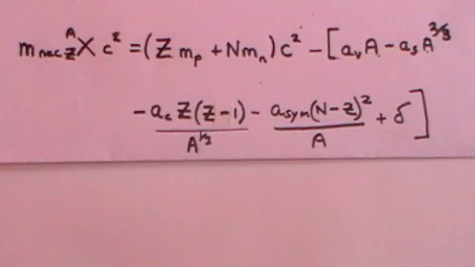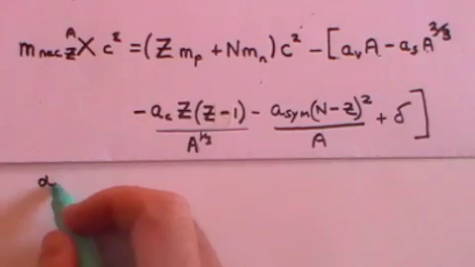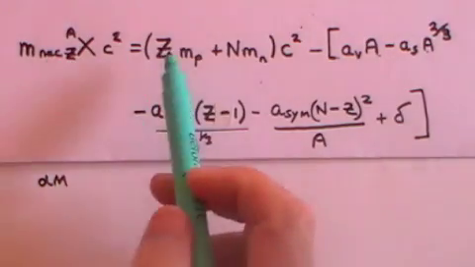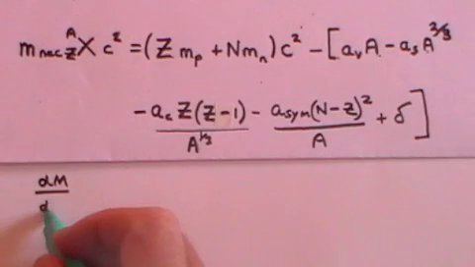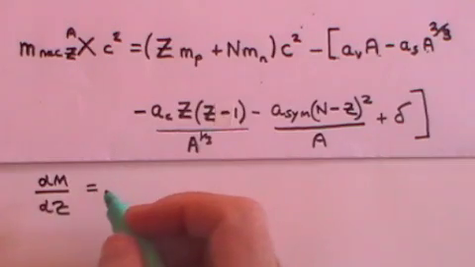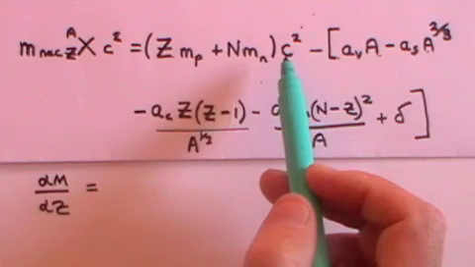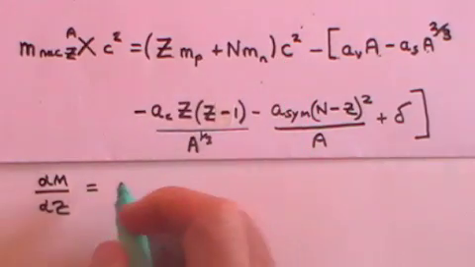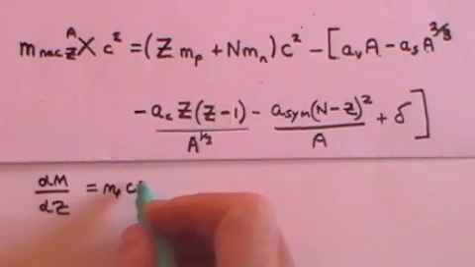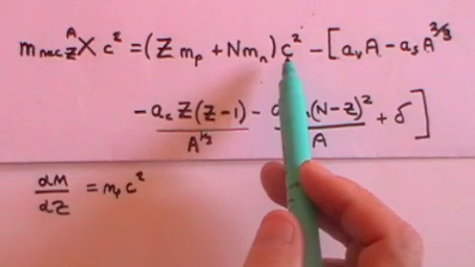Follow closely. So hang on to your hat, here we go. We're going to take the differential of the mass with respect to Z. And then we're going to set that equal to 0. So let's do it. Our first term is ZM_Pc squared. Differentiate that with respect to Z, you just get M_Pc squared. Here we've got NM_Nc squared.